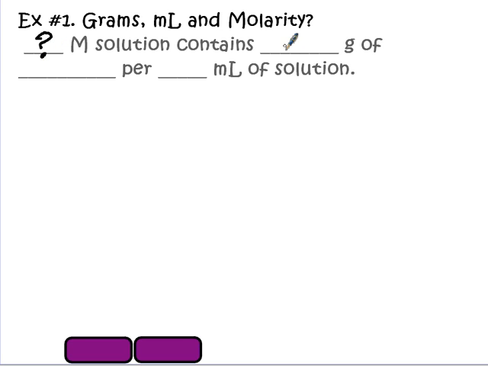What molarity of a solution contains, let's just say 10 grams, and let's make it a base. How about sodium hydroxide? And let's put that in 250 milliliters of solution. So there's my first example. What's the molarity of a solution that contains 10 grams sodium hydroxide per 250 milliliters of a solution?